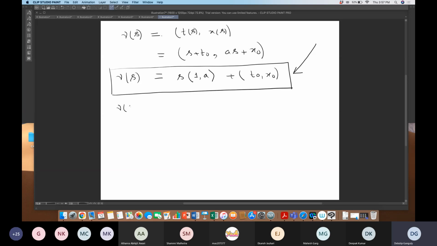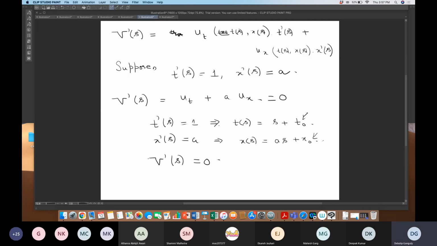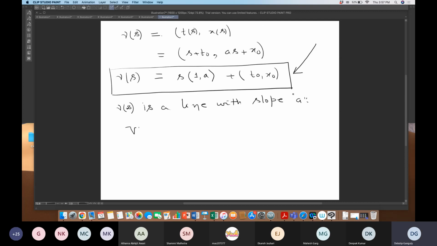So gamma S is nothing but a line with slope A. And we also have V prime of S equal to 0. What does it mean? Can you tell me geometrically?